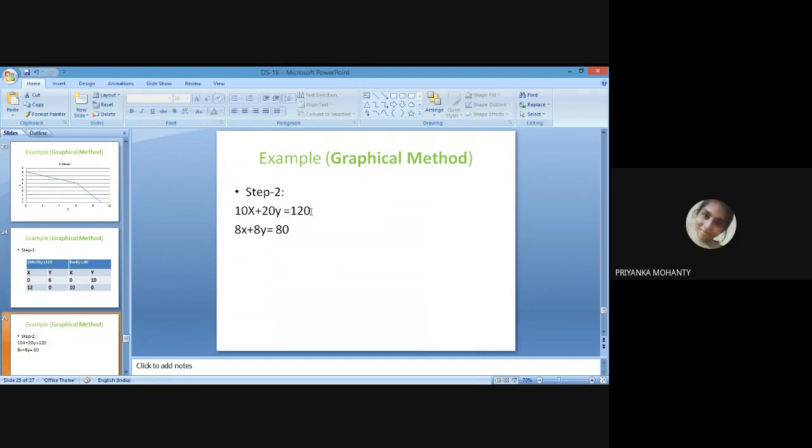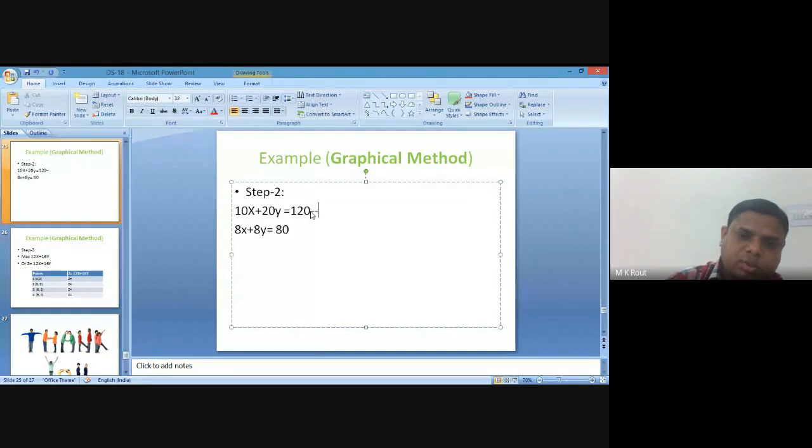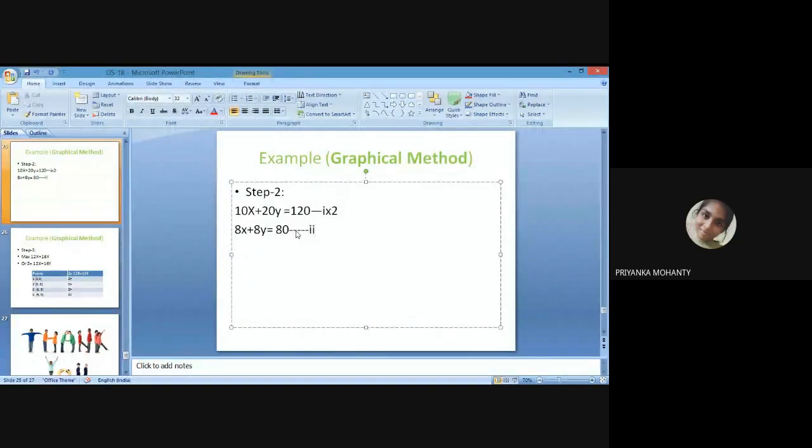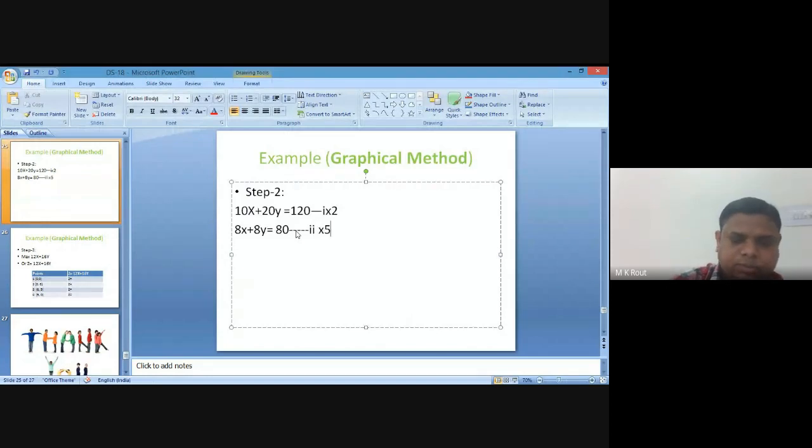In the past case, you multiply equation 1 with 2, and here you multiply with 5.